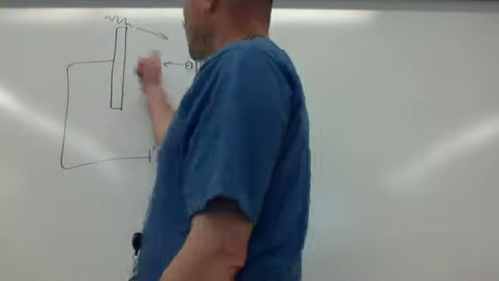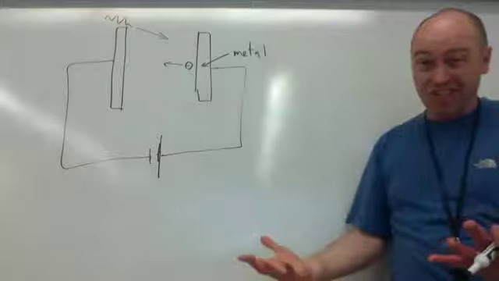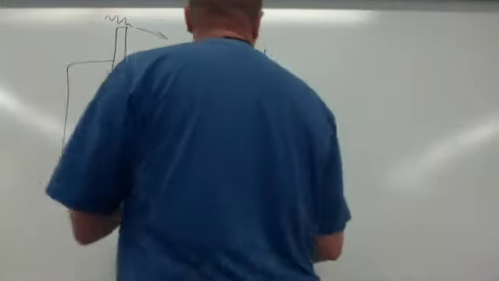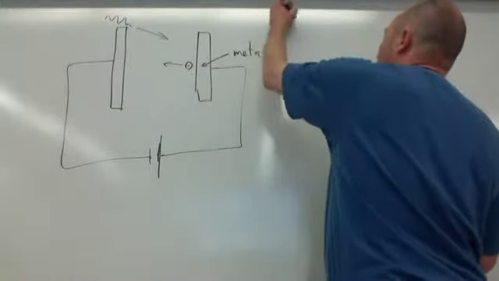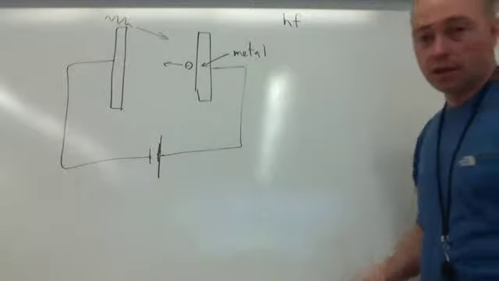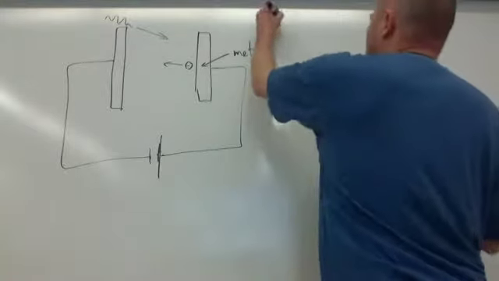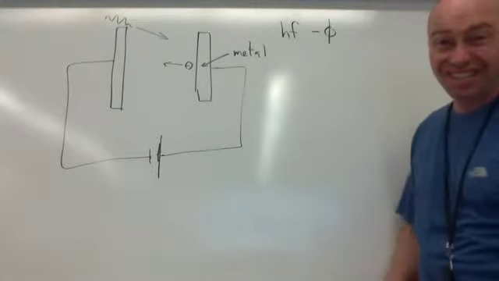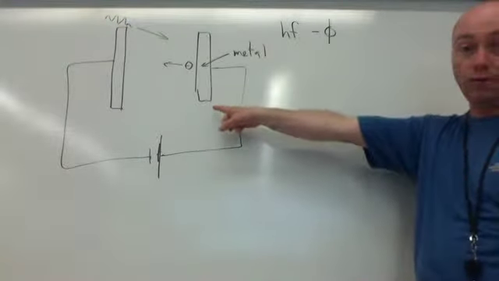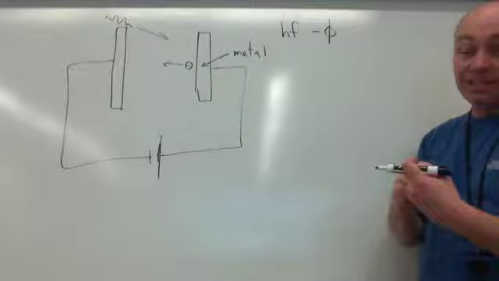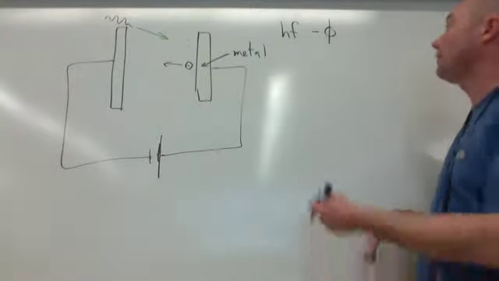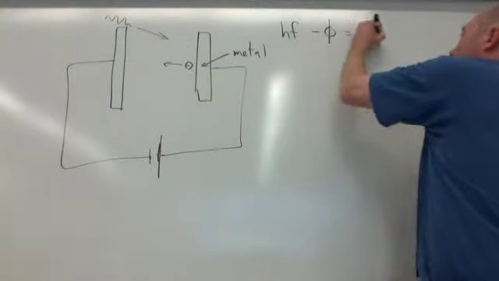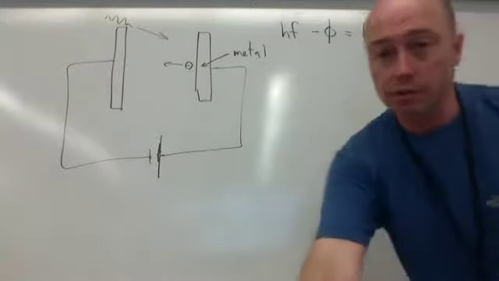But remember, guys, conservation of energy. If you step this through, you start with your photon's energy, h times f. Some of that energy gets used up by the work function, so you need some energy to knock that electron off, and then whatever you're left over with is your kinetic energy.